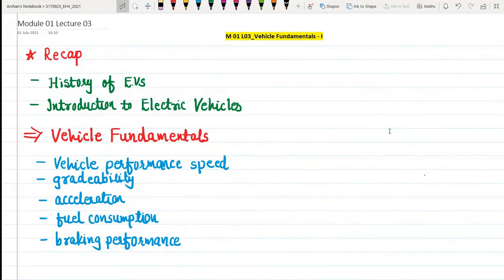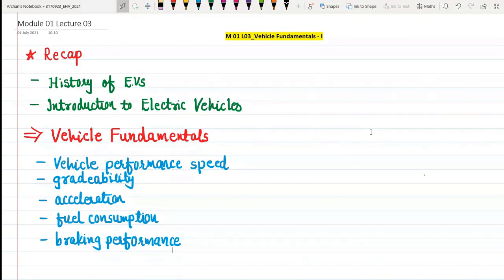So this is the third lecture of module 1, and in previous modules we have seen the history of electric vehicles and why there is a need to do some research and development in the area of these electric vehicles, right? So the main cause was air pollution, global warming, as well as some depletion of petroleum resources, right?